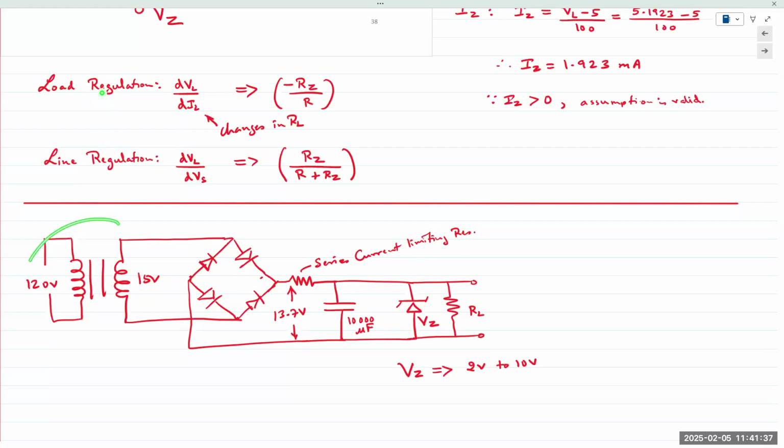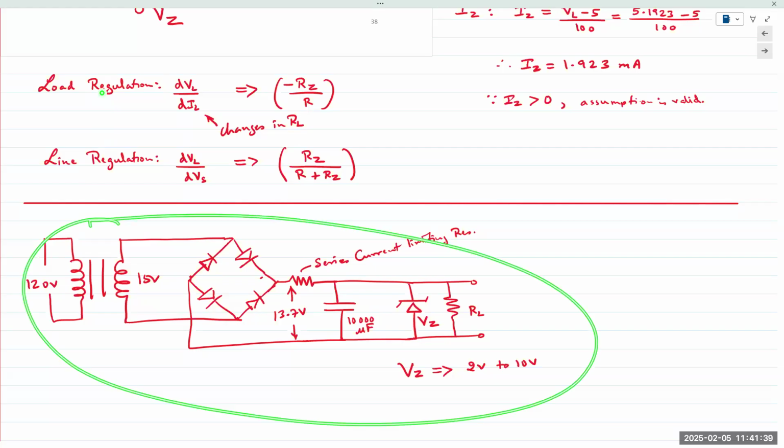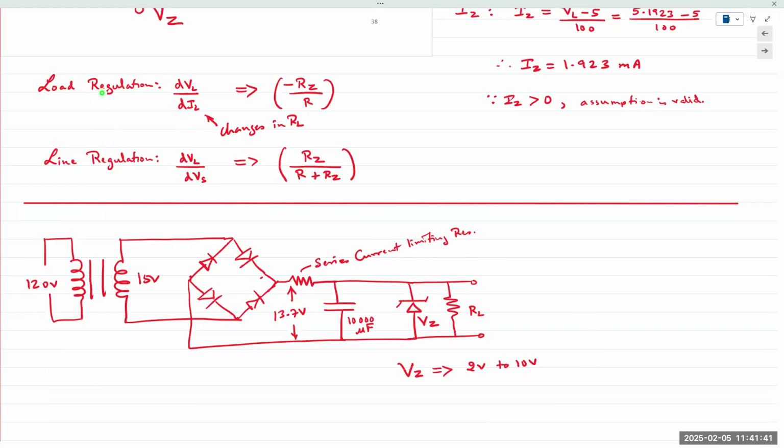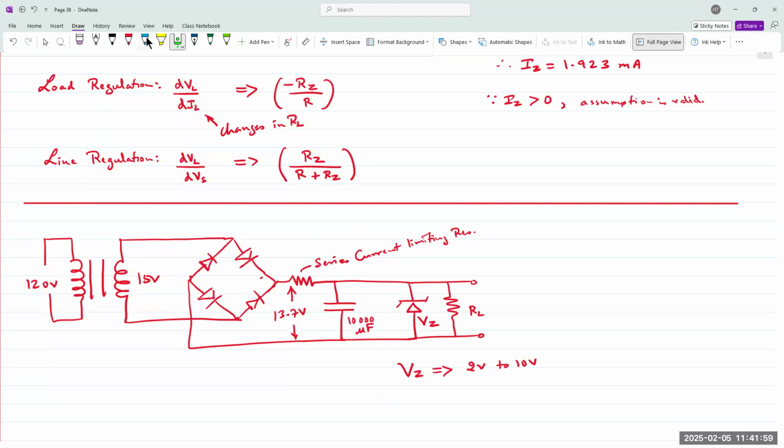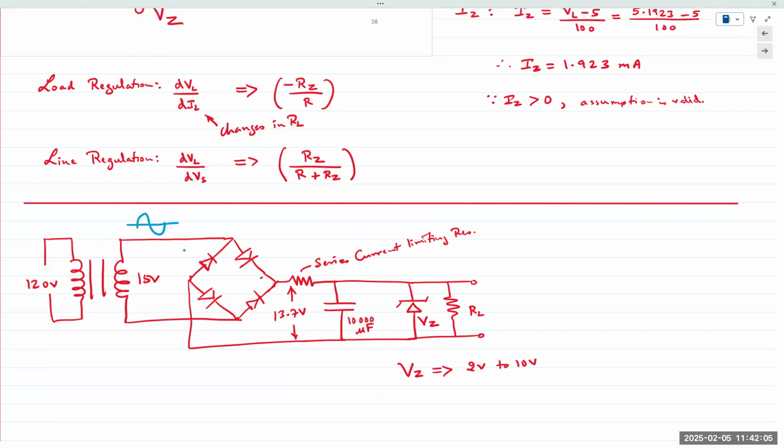This was an example of a power supply circuit. We have a bridge rectifier network, current limiting resistor, and filter capacitor. This is what we studied so far. The output at every point would look like this, drawn in blue. Here, the output will look like a sine wave.